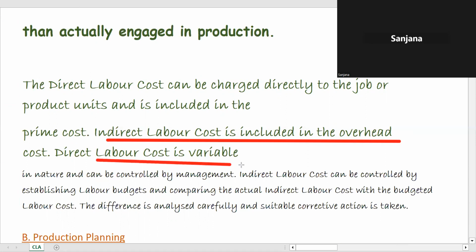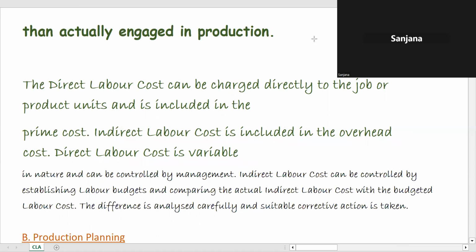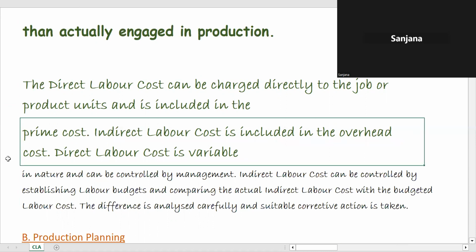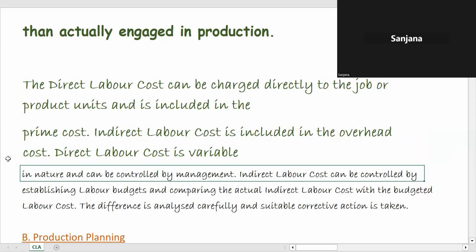And direct labor cost is variable in nature. If you have a little bit of knowledge of cost accounting, if you have studied it in BCom or somewhere earlier, you would know that direct material, direct labor is always variable cost. With each unit you will require the same amount of direct labor, correct? So which is why it is variable in nature.